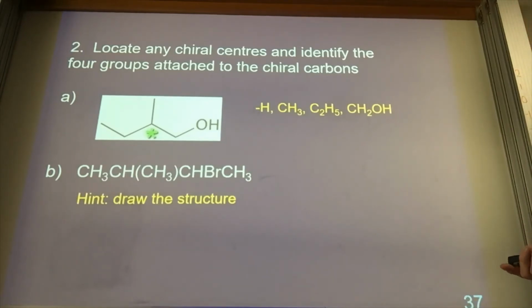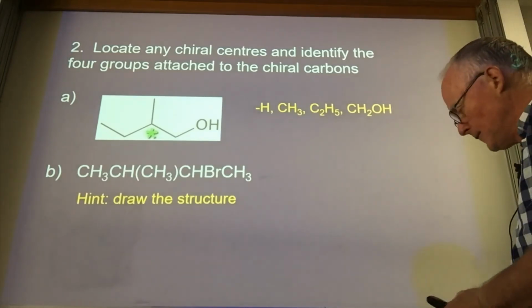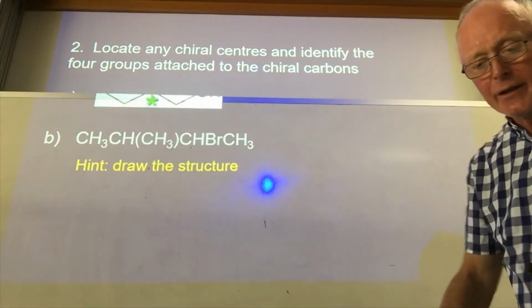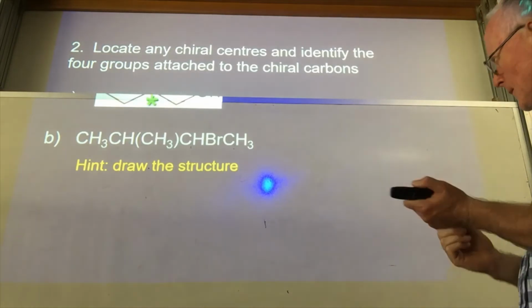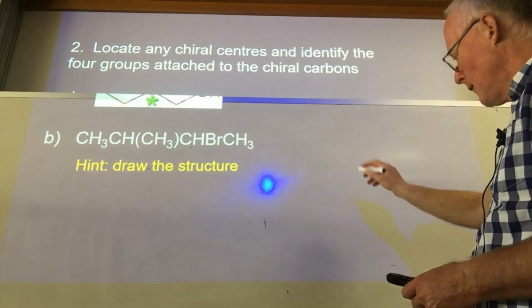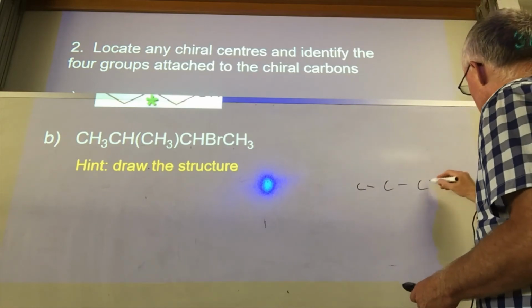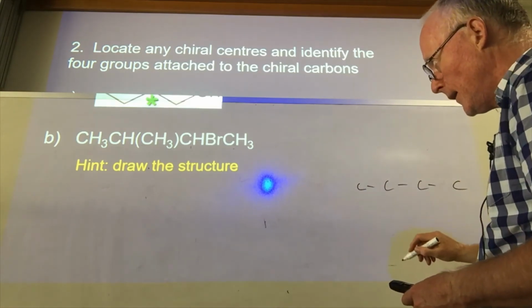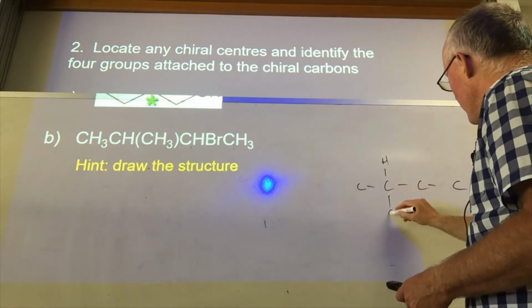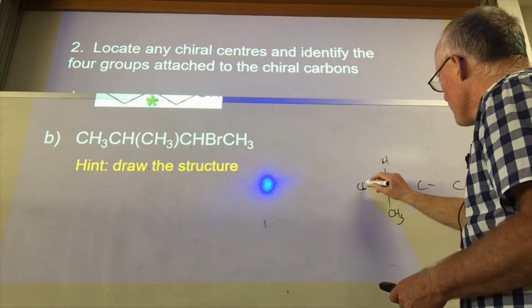Now, drawing this one out is very important. That's the only way you'll get your head around that one. So what have we got? We've got 1, 2, 3, 4 carbons in the chain. Then we've got a hydrogen and a CH3.